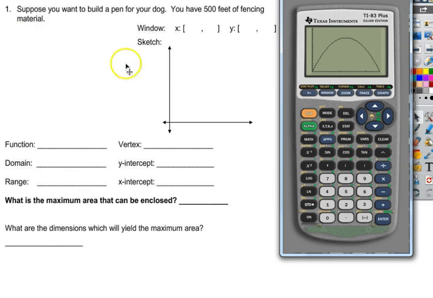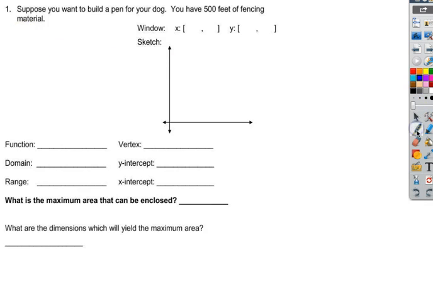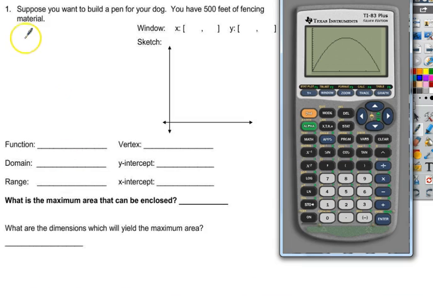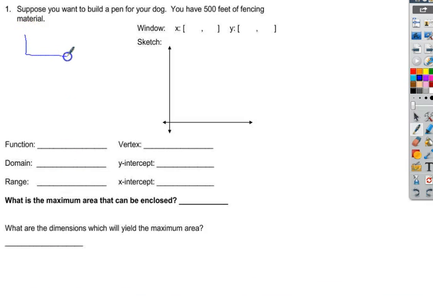Well, we know that the area of a rectangle is simply the length times the width, okay? I'm going to call the width x, all right? And we know this guy over here is x.